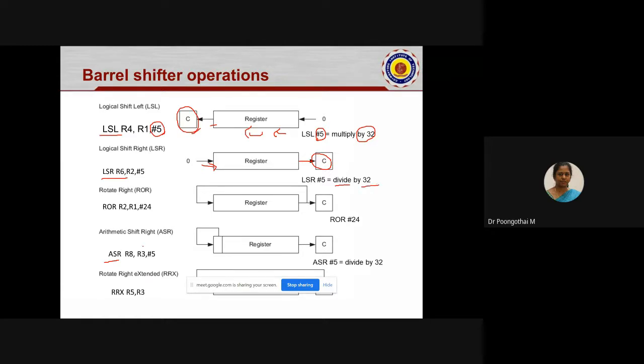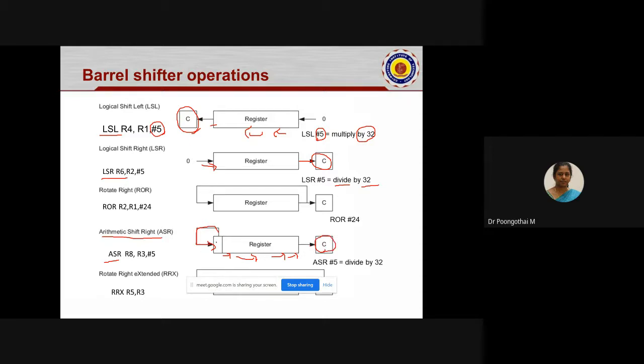Arithmetic shift right is very similar to logical shift right. This operation is mainly for signed operations, that is, 2's complement operations. It will preserve the sign bit. The 31st bit is the sign bit and the bits are shifted towards the right direction, and the last bit is placed in carry.